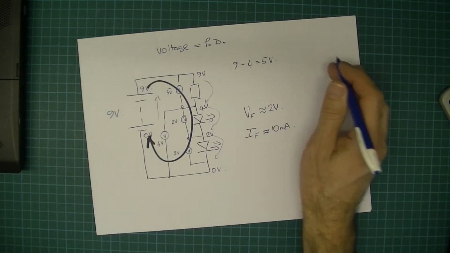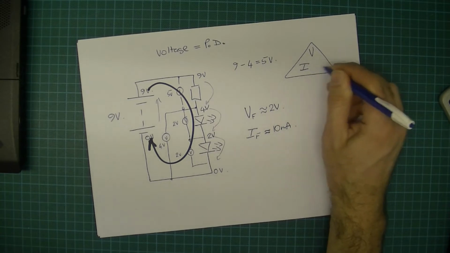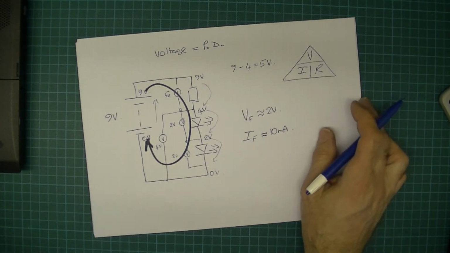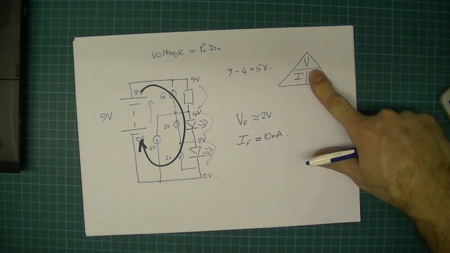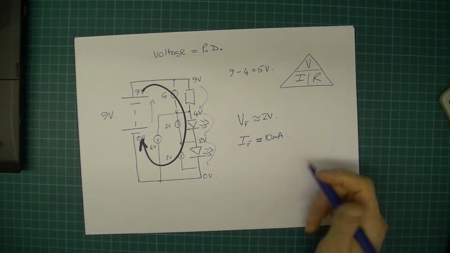So Ohm's Law, quick recap: V = IR, like that. You sometimes see it like that. So if you want to calculate resistance, finger over there, so resistance equals voltage over current.